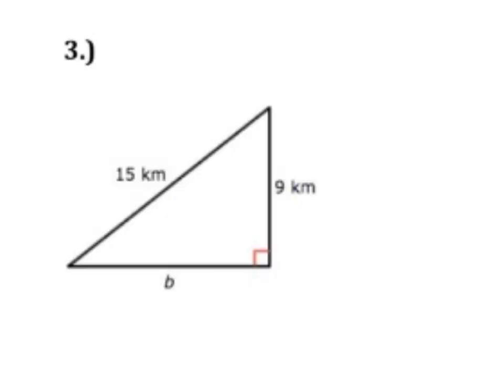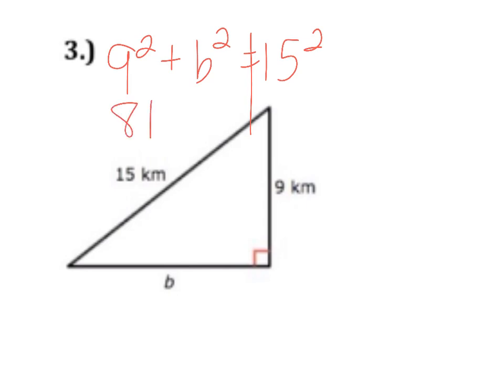Problem 3, we're going to do the same setup. We know our side 9, so we have 9 squared plus b squared equals 15 squared. So again, I'm going to figure out 9 times 9 is 81, plus b squared now equals 15 times 15, which is 225.